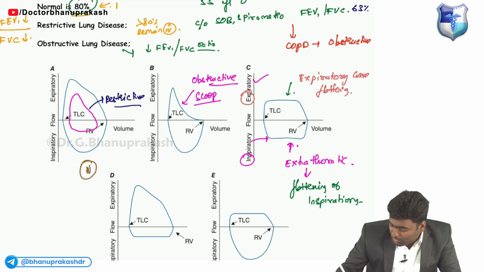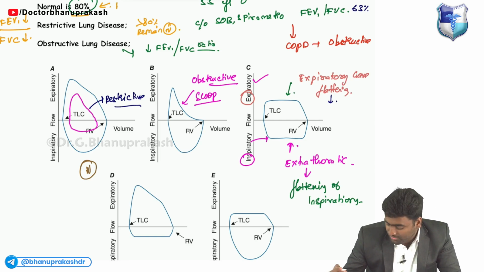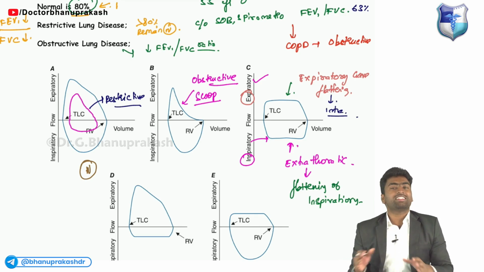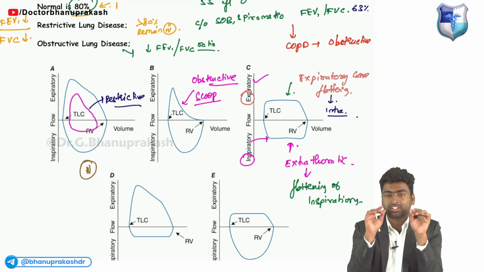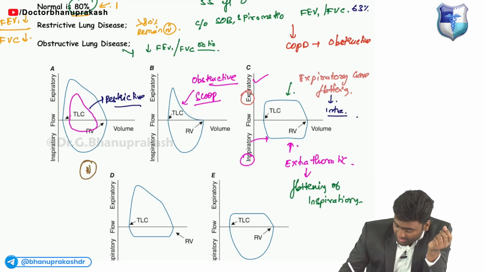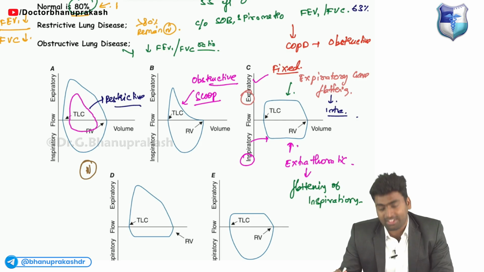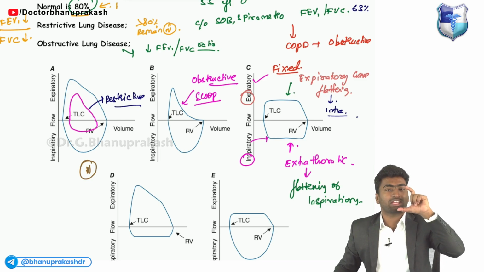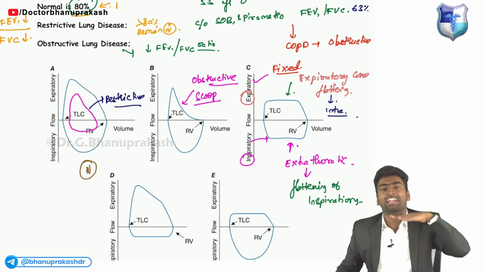Here it is because of an intrathoracic one. But if there is any obstruction or stenosis, then it will lead to this fixed pattern. If there is a fixed obstruction, it will cause flattening of both the expiratory and inspiratory curves.